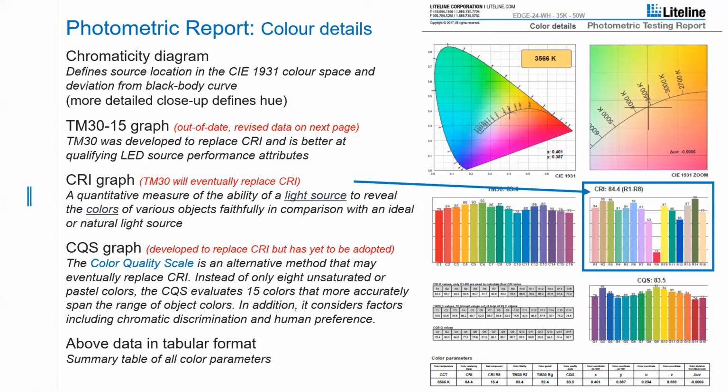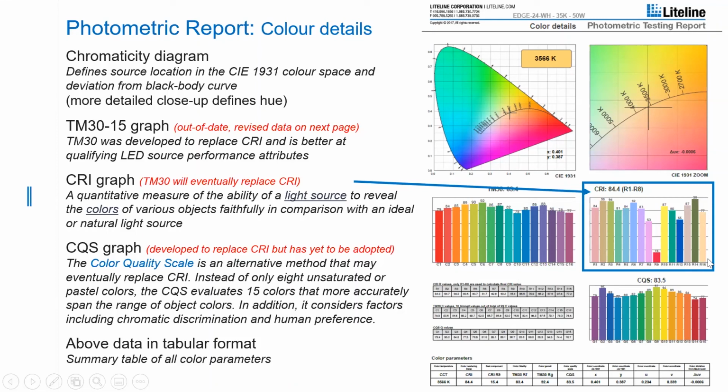We'll get there. So the CRI graph is just illustrating that our source is 84 CRI, and it's giving you those first 8 pastel colors, which is what CRI is measured on. Interestingly, you can have a high CRI source such as this with a relatively modest R9, which everyone raves about these days, erroneously, I might add.